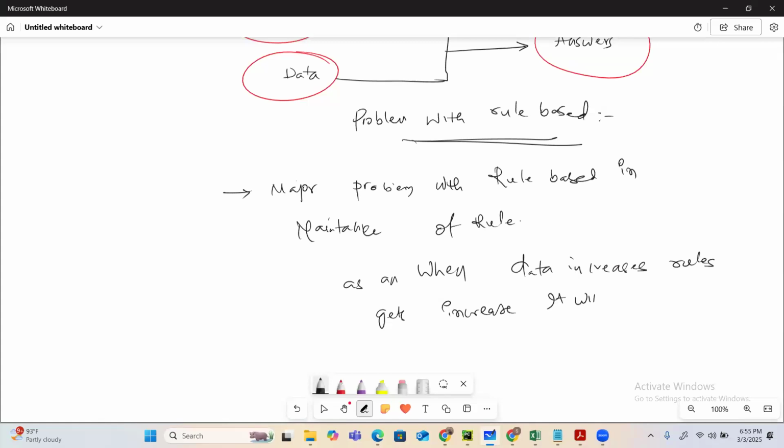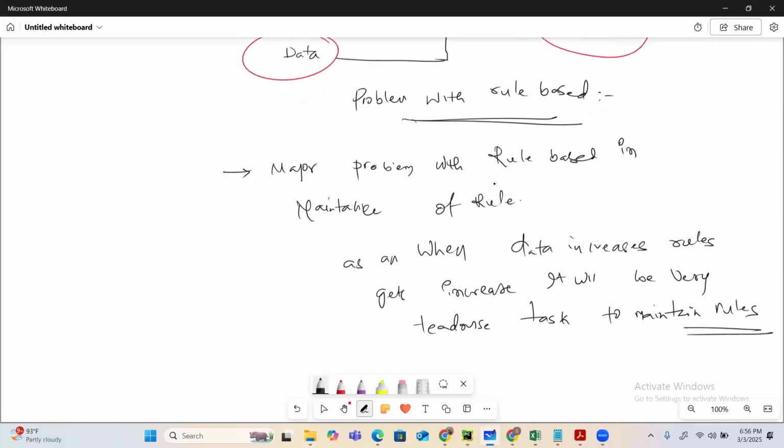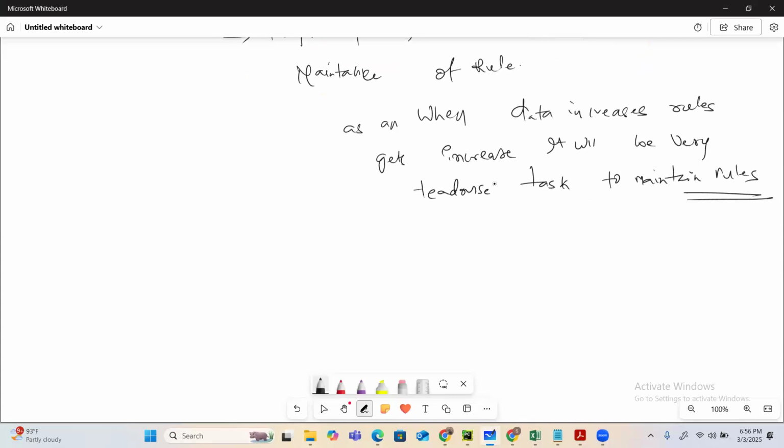It will be a very tedious task to maintain the rules.